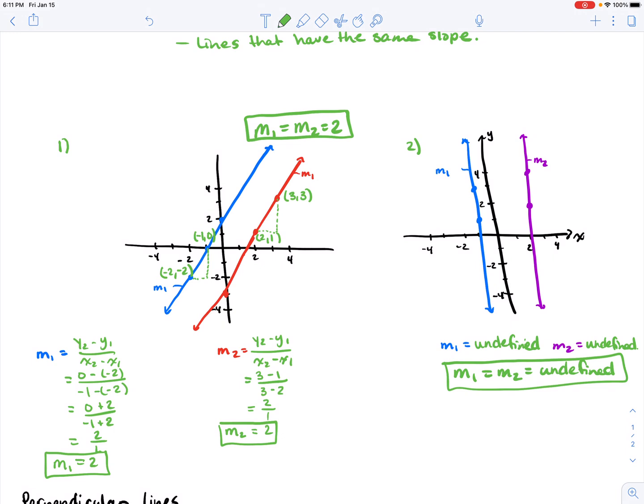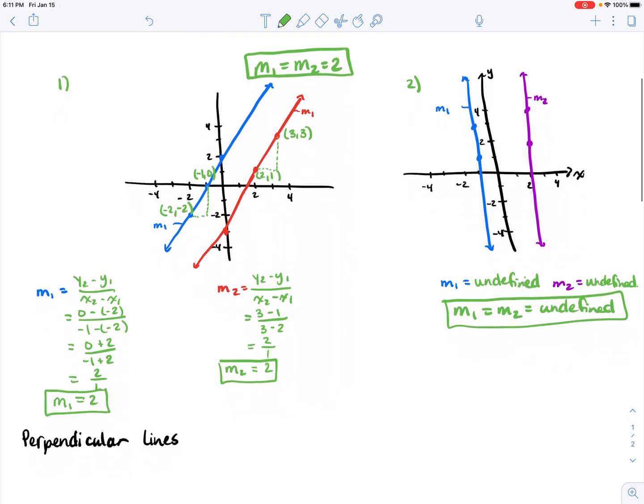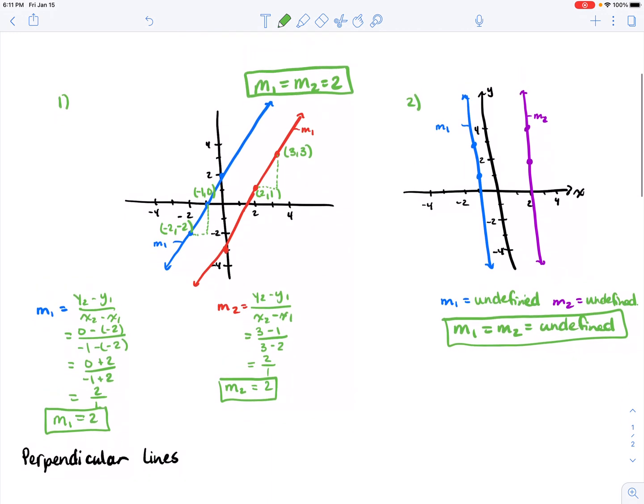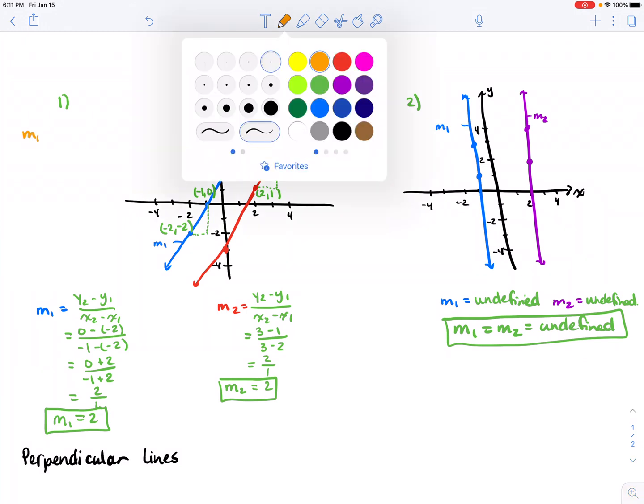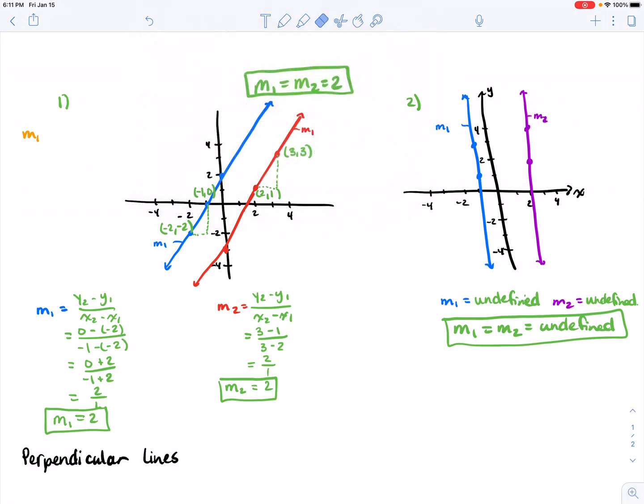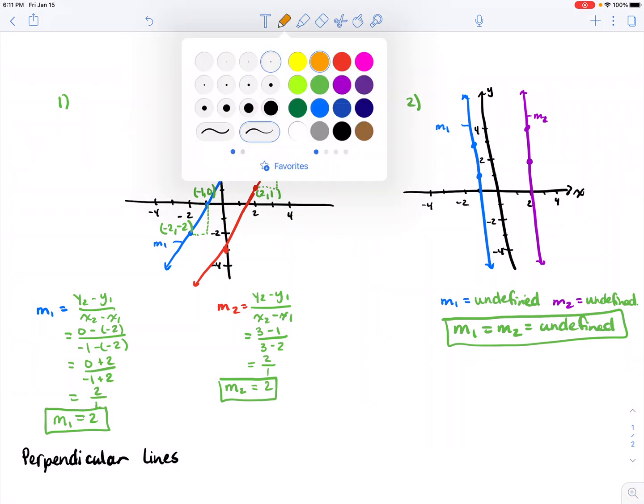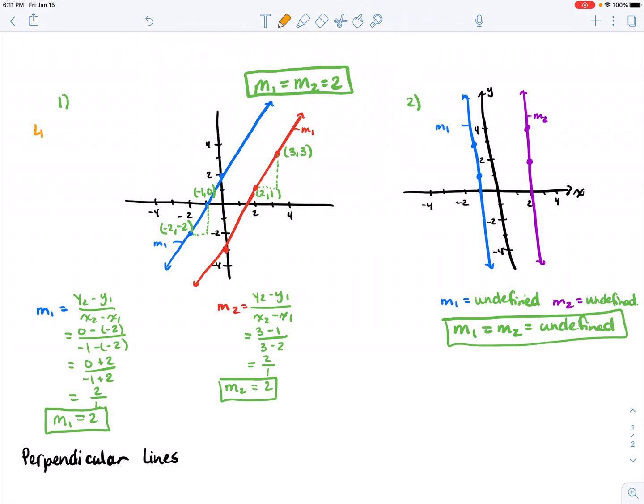Now let's confirm by looking at the equations of the line. So let's take our first example and figure out the equations of the line. If I wanted to look at the equation of the line for M1 in our first example, I'm going to call it L1 actually. So our L1, we have slope of 2. And let's use the point, this one here, (-1, 0).